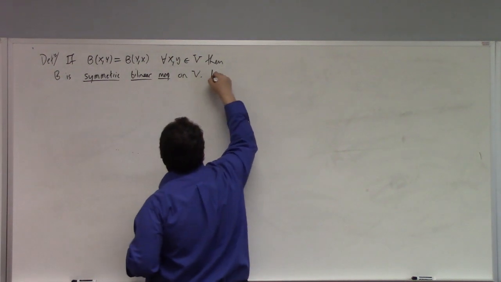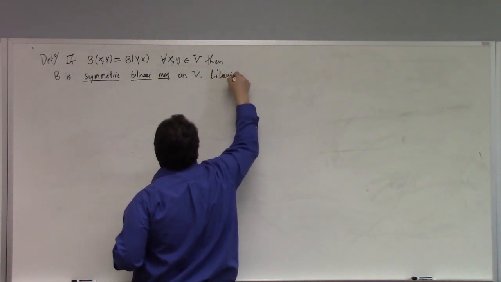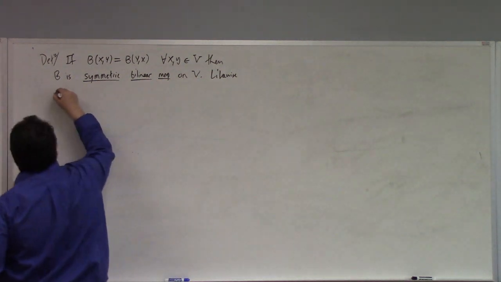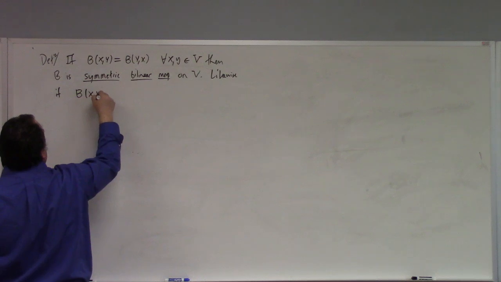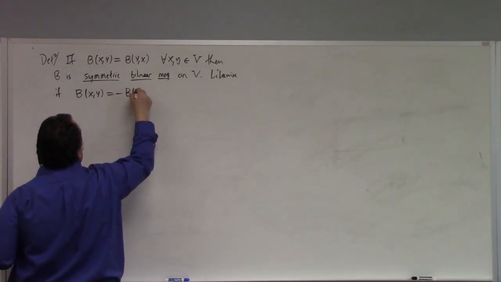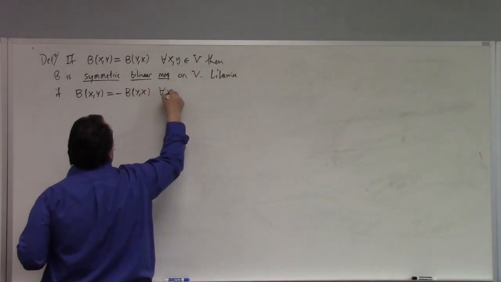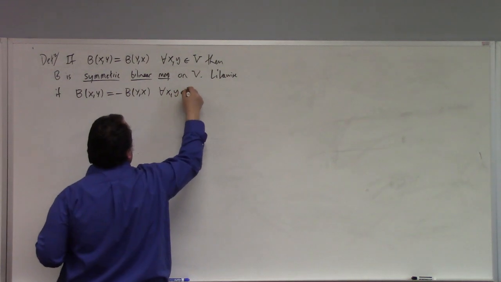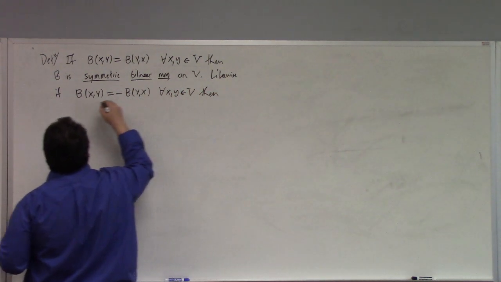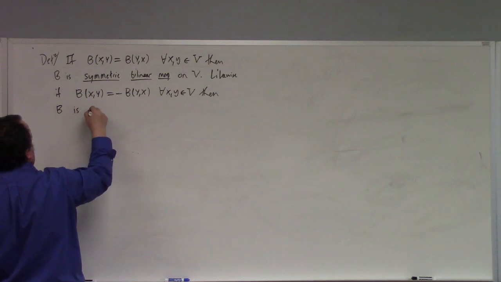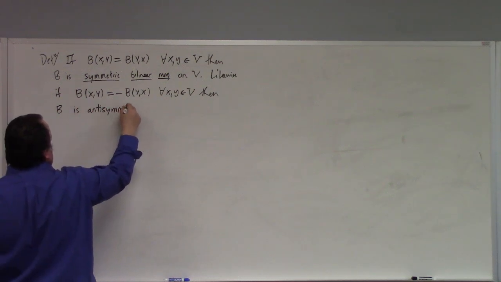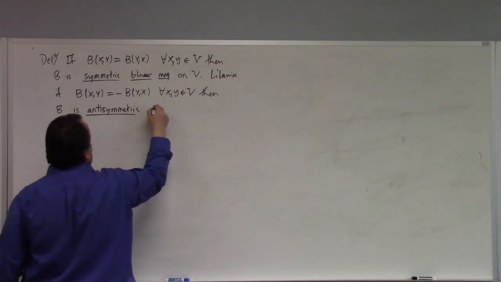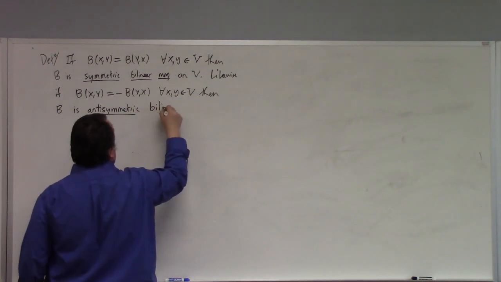And likewise, if B(x, y) is equal to minus B(y, x) for all x and y in V, then B is an antisymmetric bilinear map.